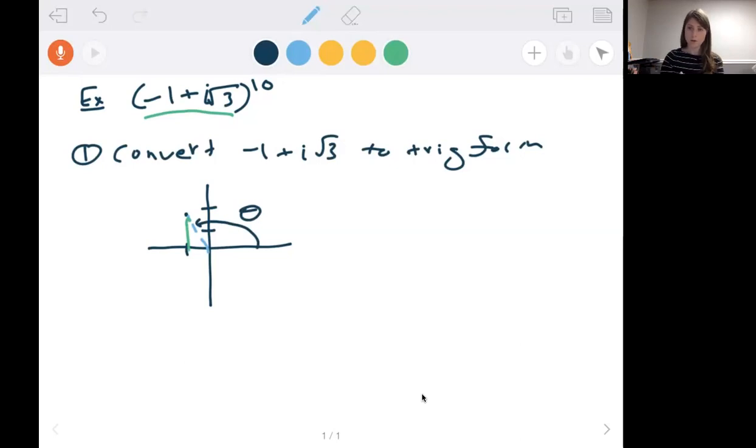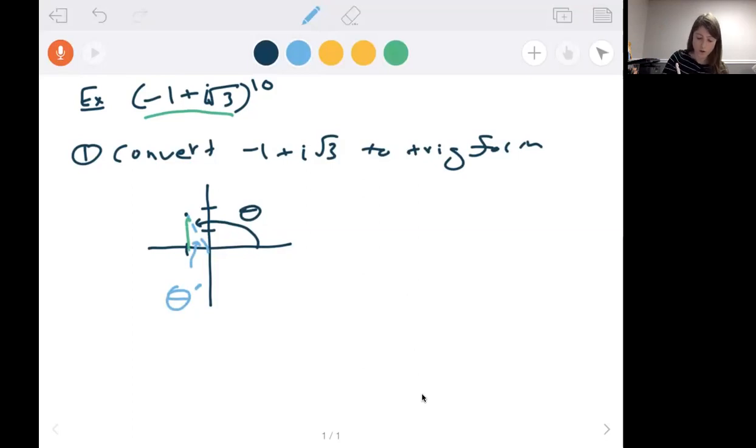But when we draw this picture and drop our line straight down to our x-axis, what we actually have is a reference angle. So in this case, sometimes it's helpful to use that reference angle notation, because if we can focus on that particular angle, then we can figure out what our original angle theta would be.